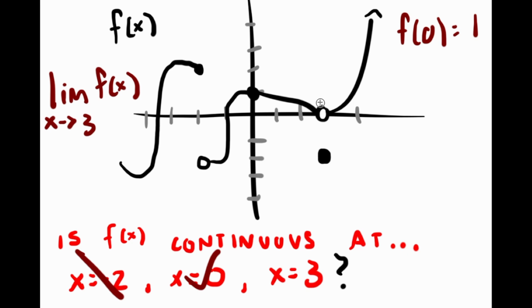This is not continuous due to having both a value that does not exist and a value that does exist.